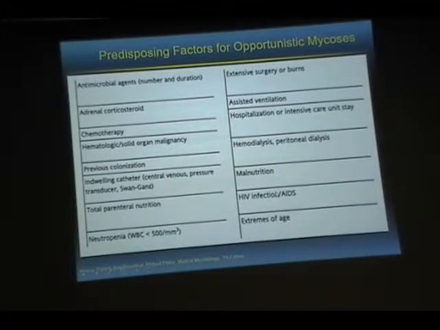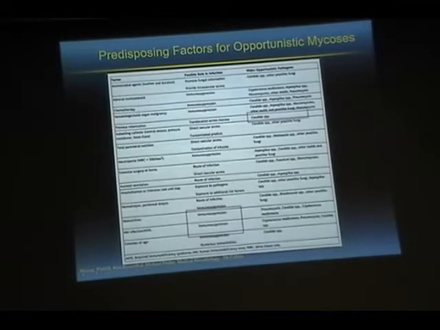And in developing countries, malnutrition, which leads to immunosuppression, or a lack of proper nutrition, also leads to fungal infections. And extremes of age and immunosuppressive infections such as HIV that cause neutropenia again lead to predisposition to opportunistic mycosis.